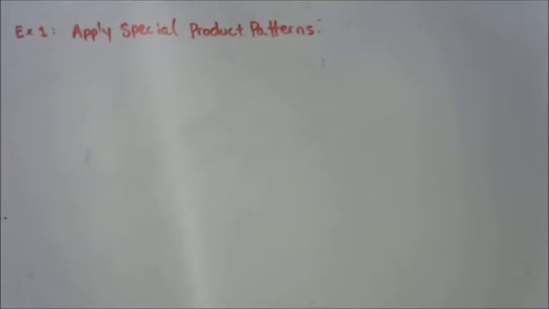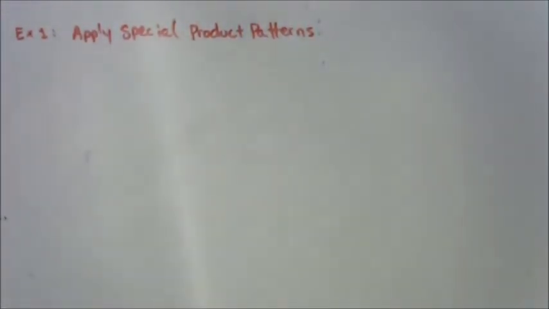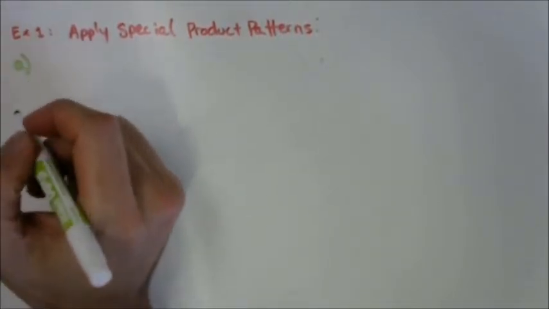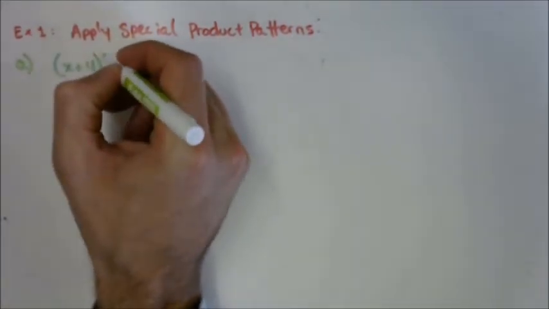Ladies and gentlemen, example 1 has 5 parts, 5 algebraic expressions that we need to simplify by applying special product patterns. That means use. In order to use, we first need to identify. So, here we go. A is x plus 4 squared.